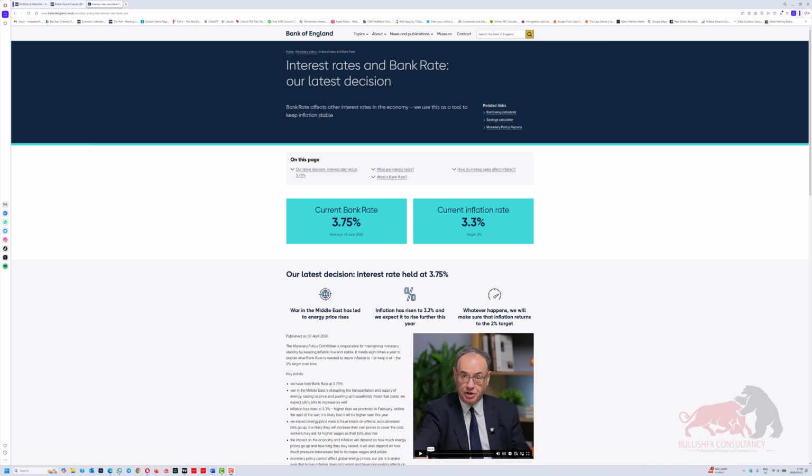That effectively means markets still expect at least 2 more quarter point hikes from the Bank of England, right? This is critical because medium and higher time frame FX trends are heavily influenced by interest rate differentials between economies, right? What do I mean by this? For those in the mentorship, you already know what I'm talking about here.